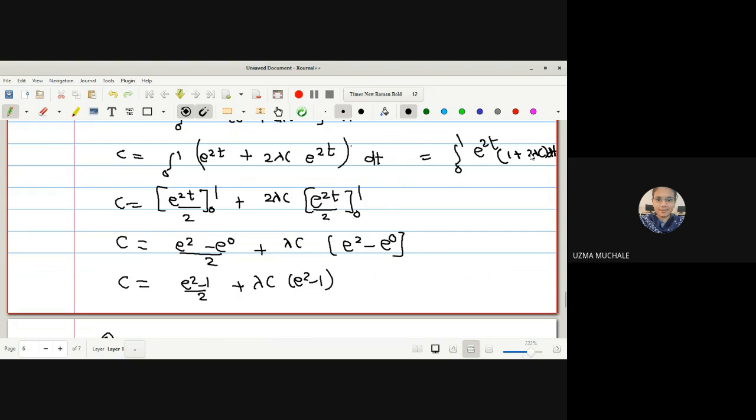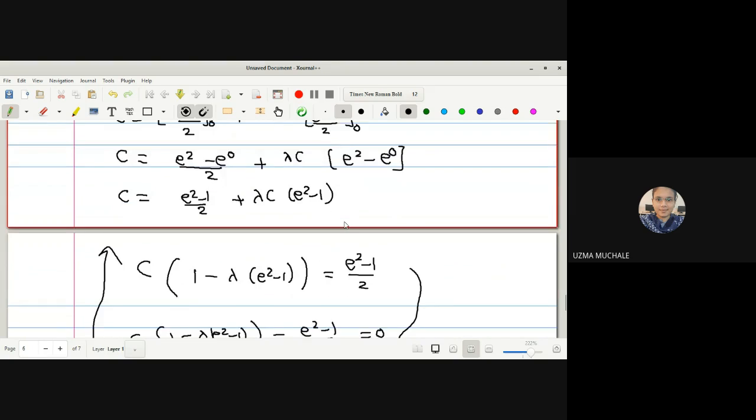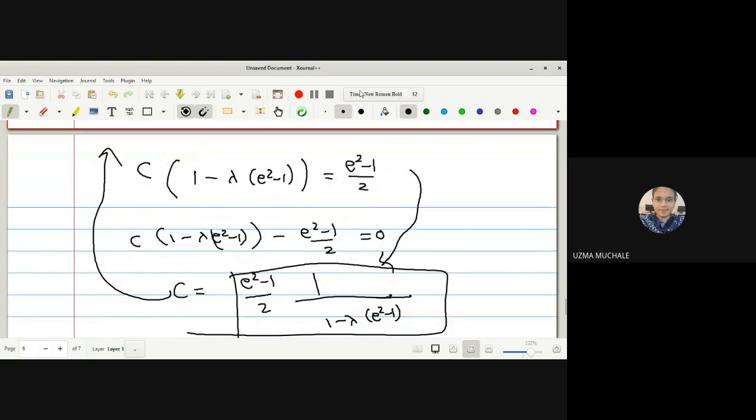No doubt we will get the same thing here. But if I want to find lambda from this equation, how are you going to find the value of lambda? Ma'am, lambda comes in terms of c and e. No doubt it will be in terms of c and e. But we also have to find the value of c now.